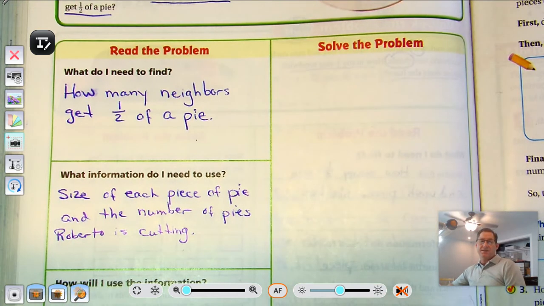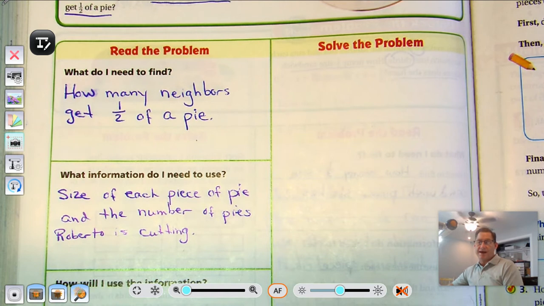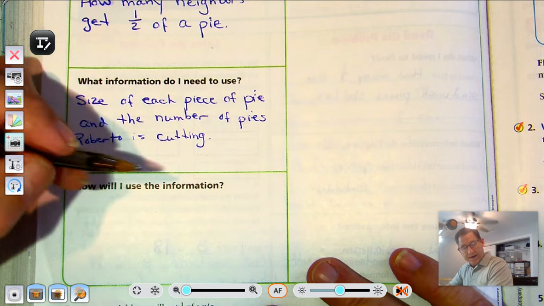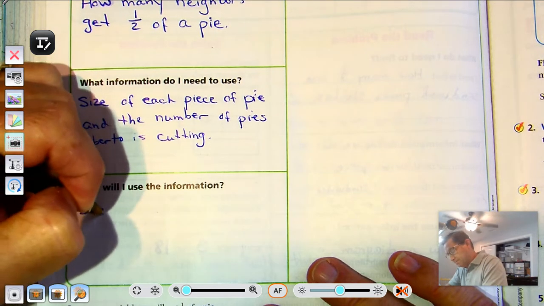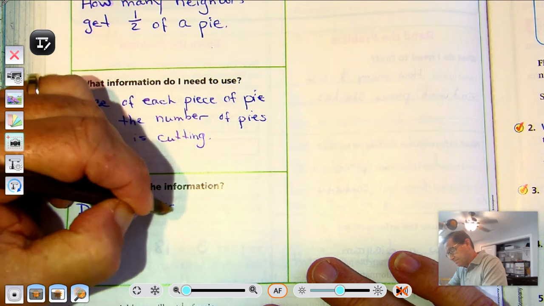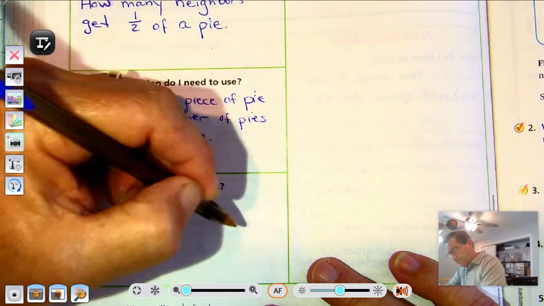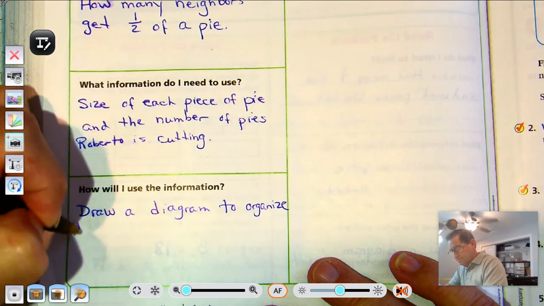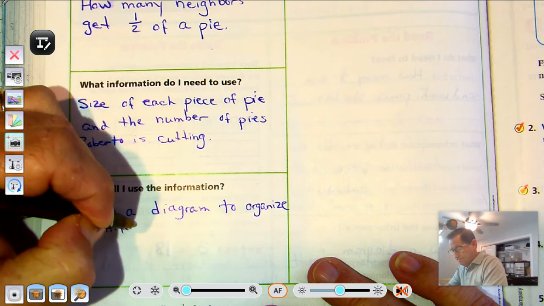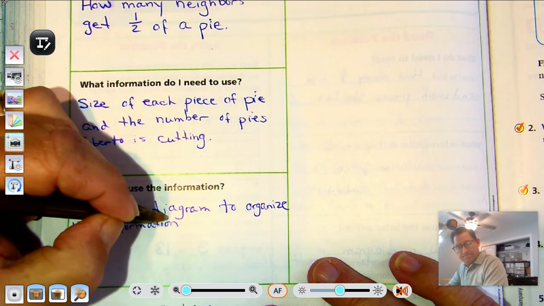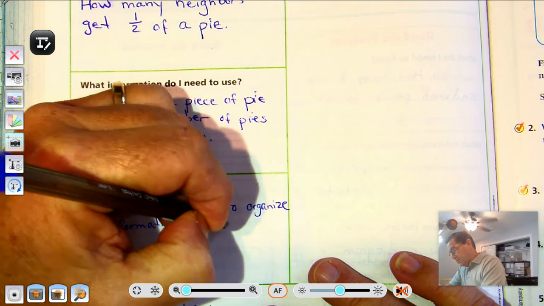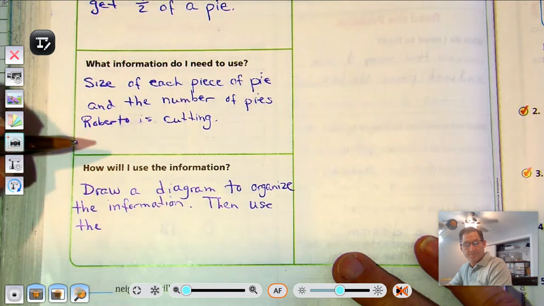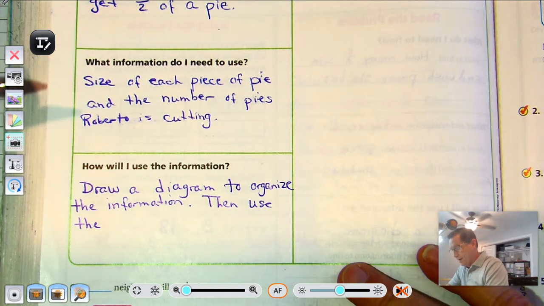So we need to know the size of each piece of pie, which in this case are halves, and the number of pies Roberto's cutting, which is 3. So I'm going to draw a diagram to help me organize the information. Then we can use the diagram to figure out the number of total pieces, or the number of neighbors that are going to get 1/2.